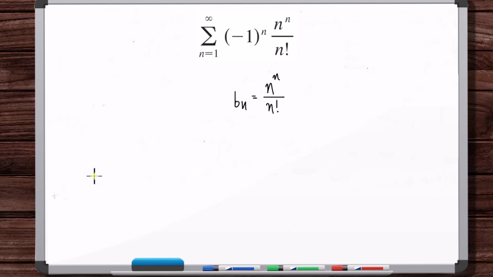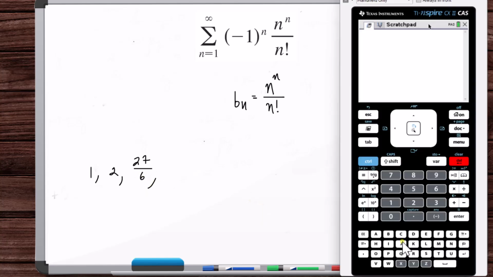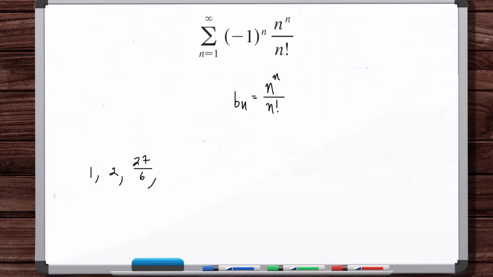So if we write it out, when n is equal to 1, we've got 1 over 1, so just 1. When n is equal to 2, you've got 4 over 2. When n is equal to 3, you've got 27 over 6, which is 4.5.